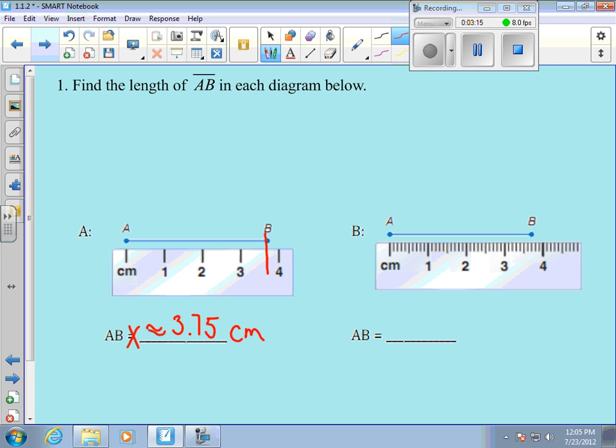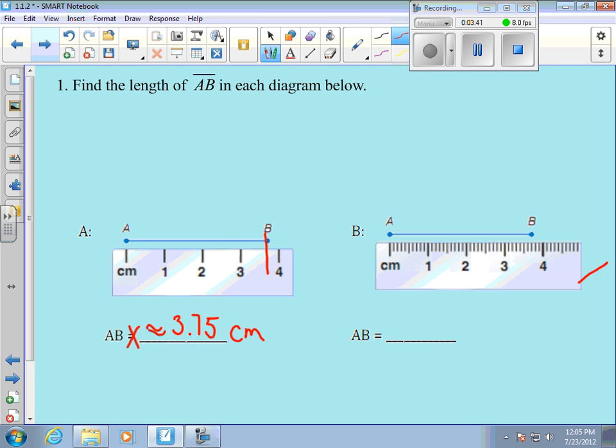Now if we look at our second AB line, this one has smaller hash marks in between, and if we count up our lines in between, we'll count that there are exactly 10 lines in between our 3 and our 4. There are 10 lines between our 2 and our 3, and there are 10 lines between our 1 and our 2, and 10 lines between our 0 and our 1.